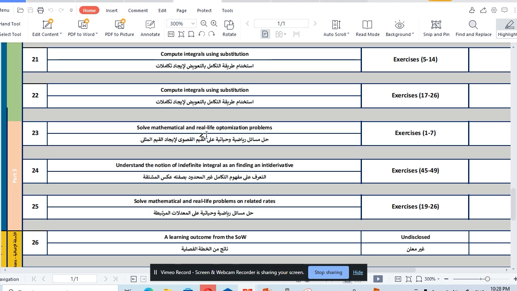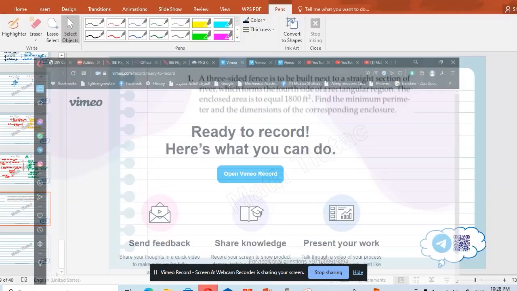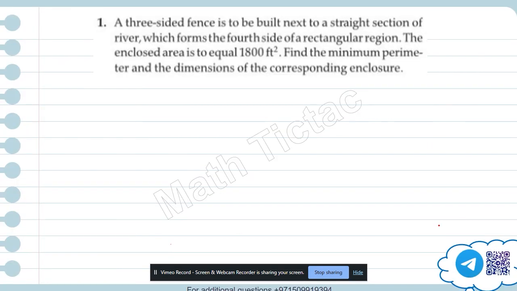So you will use the substitution method for substituting the second or the third variable. Okay, so let's see how we can solve these questions, how to find the best values, the maximum or the minimum values of a specific relation.